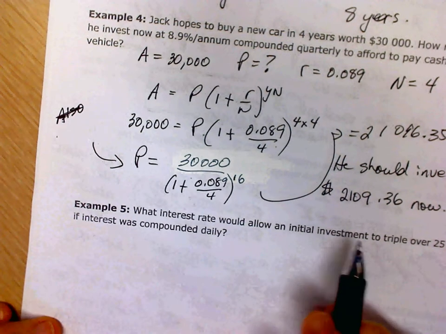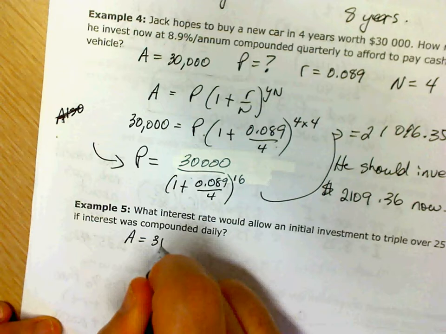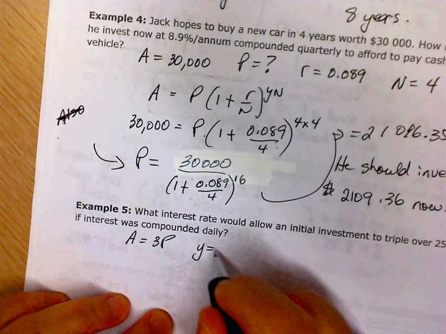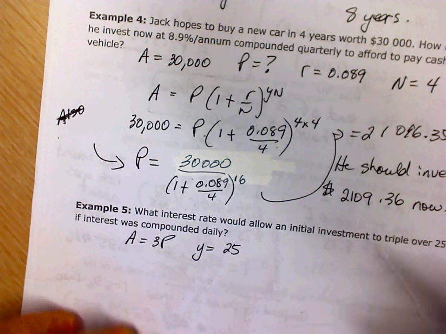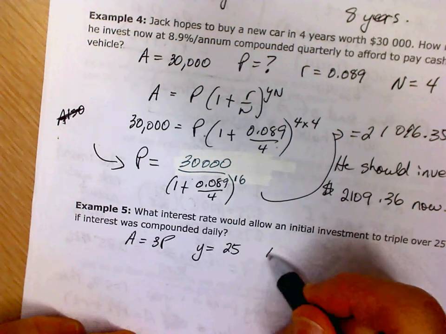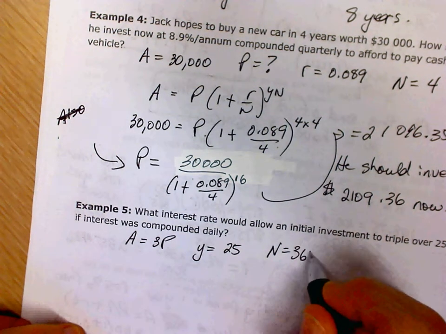So A is equal to 3P, right? It's tripling. y is equal to 25. And it's compounded daily. So how many compounding periods per year? 365. Don't worry about the leap year. Everybody worries about the leap year.